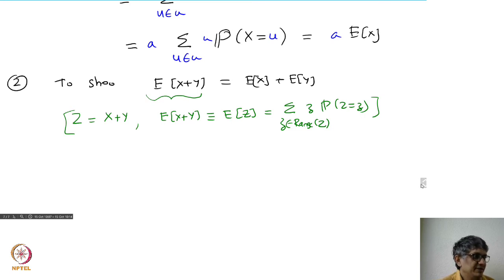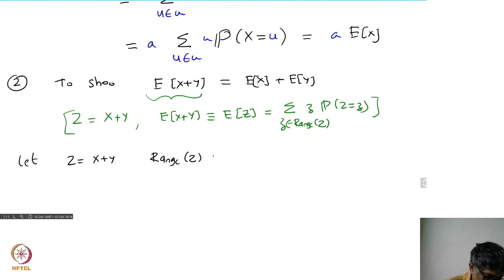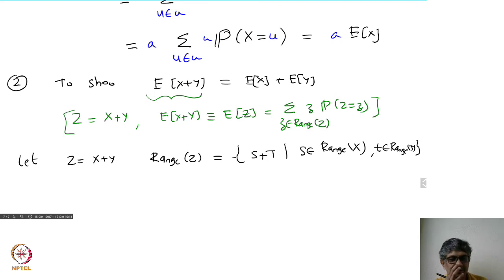So the first observation is the following. What's the range of z? So let z equal x plus y. Then the range of z is the same as, let's say, s plus t, where s is in the range of x and t is in the range of y. And that's just a function equality.